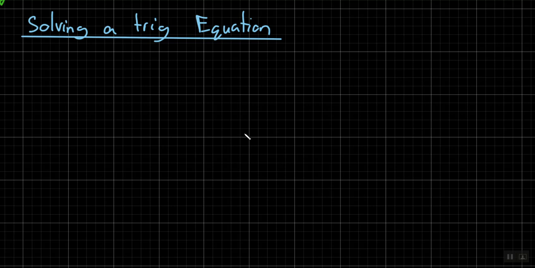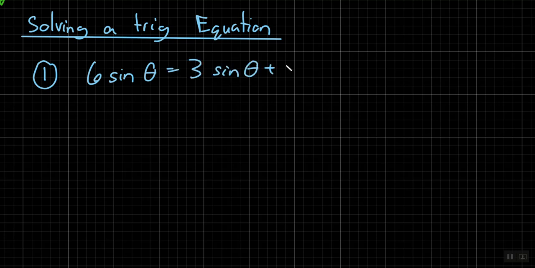Okay, solving a trig equation. This is going to be practice for factoring as well. Okay, number 1. We're going to take an equation. We have 6 sine of theta equals 3 sine of theta plus 2. I need to solve for theta.